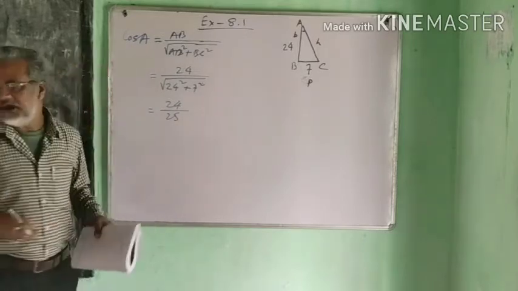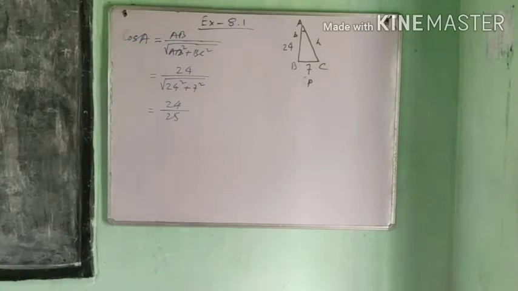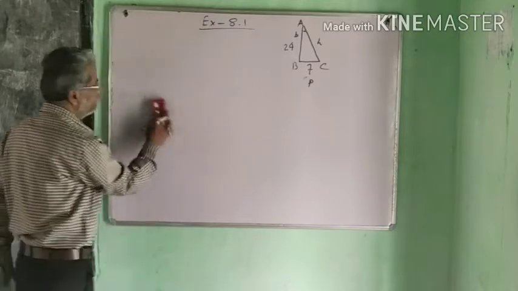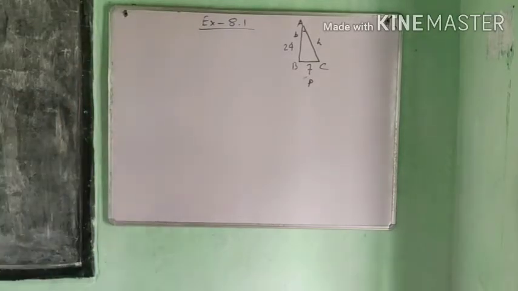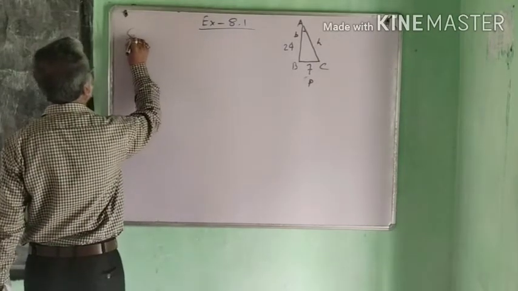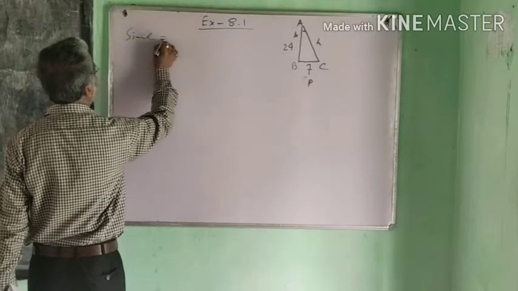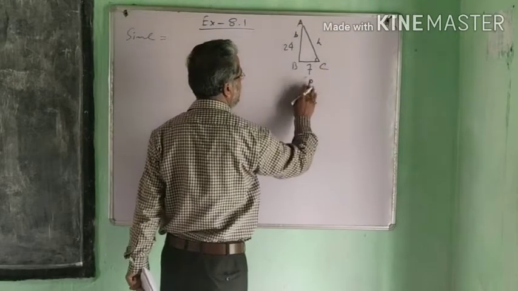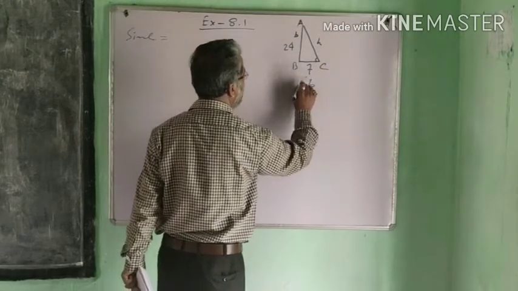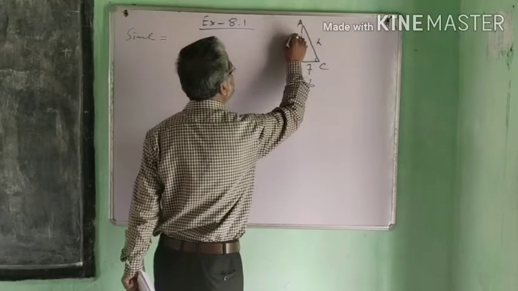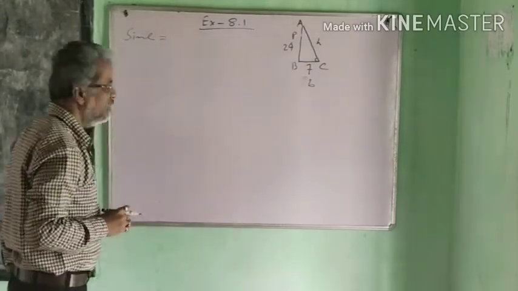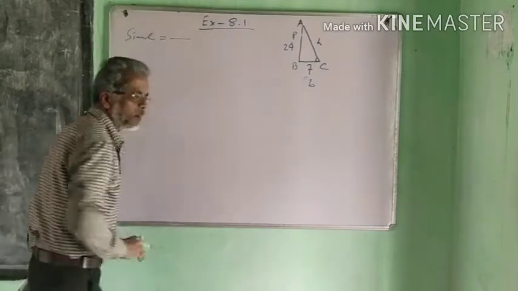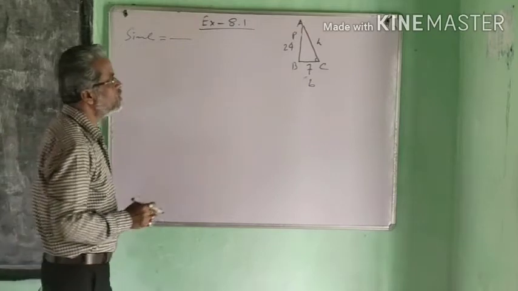Now how to find sin C? Sin C we can find in this manner. Sin C with respect to the angle C. BC is base and AB is perpendicular. We know sine of any angle is perpendicular is to hypotenuse.